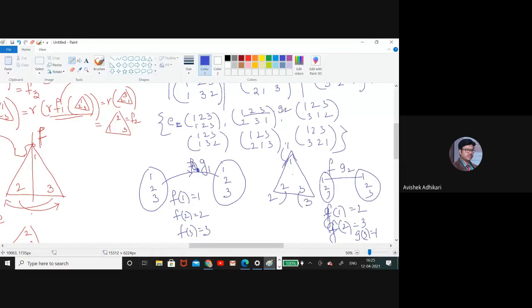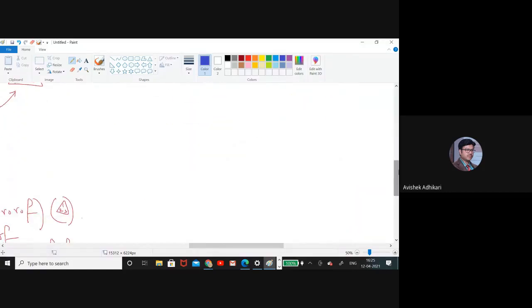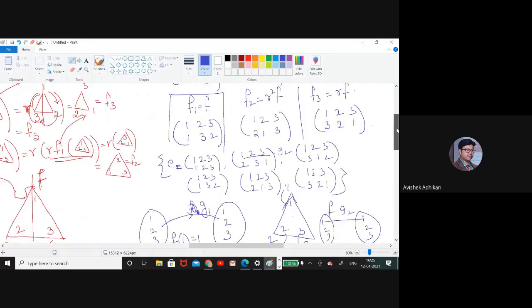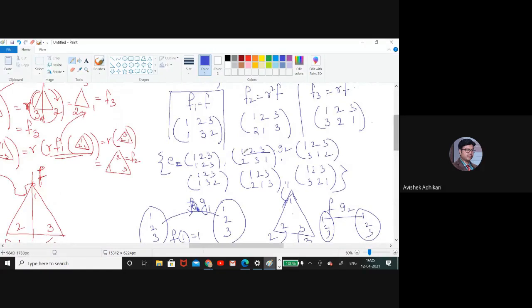Now on 3 elements, how many bijective mappings can you construct? 3 factorial, and 3 factorial is 6. These are all possible bijective mappings from {1, 2, 3} onto {1, 2, 3}, so there are 6 of them.